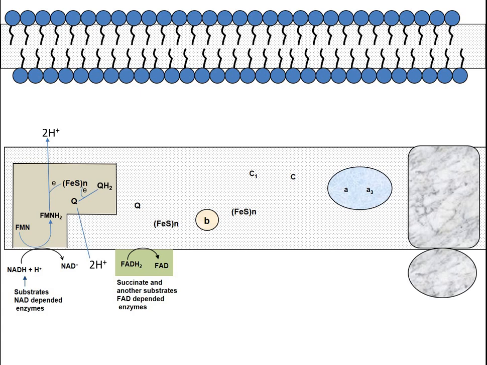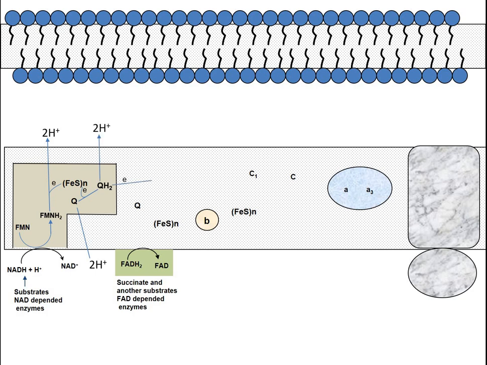Ubiquinone transforms into the reduced state, ubiquinol. After that, it shifts to the outside of the inner mitochondrial membrane and 2 protons are pumped into the intermembrane space.